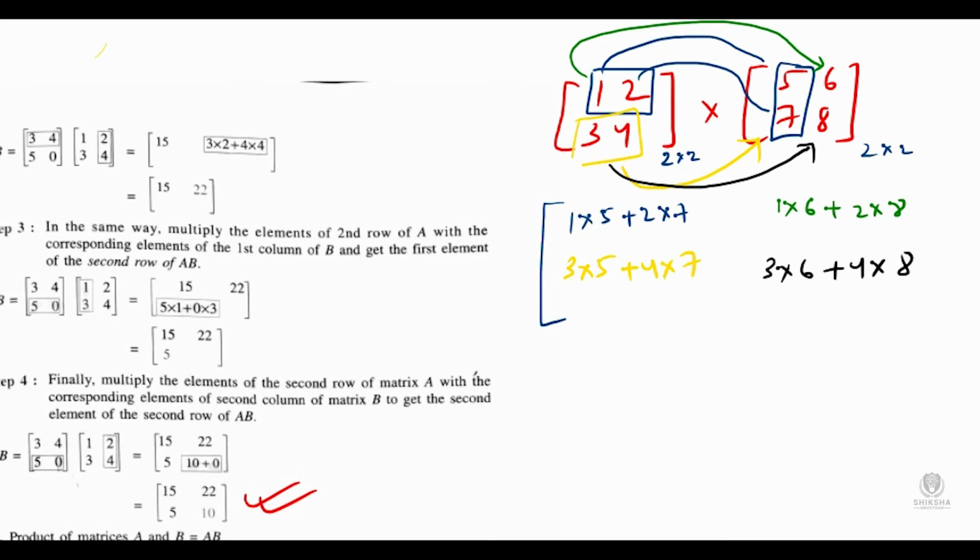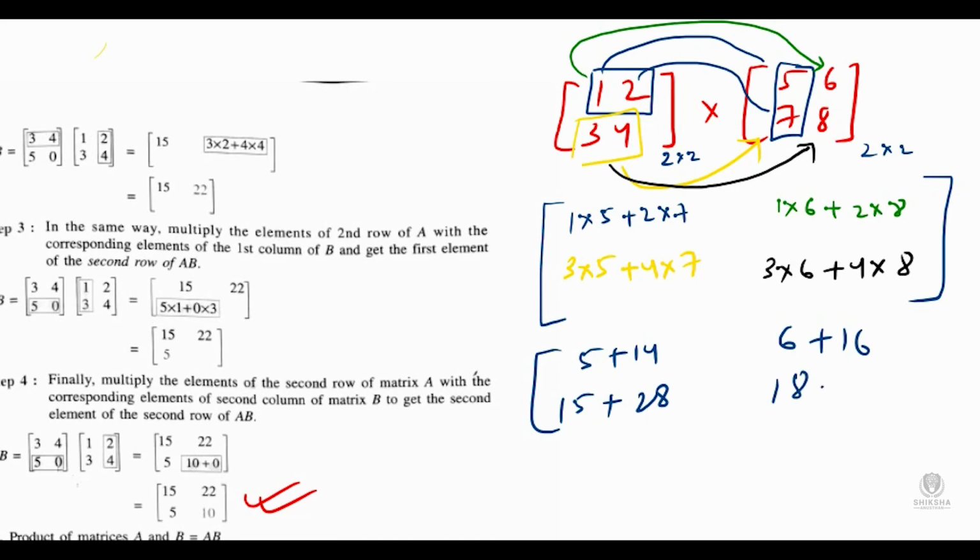So on solving we get 5 plus 14, 6 plus 16, then 15 plus 28, then 18 plus 32.